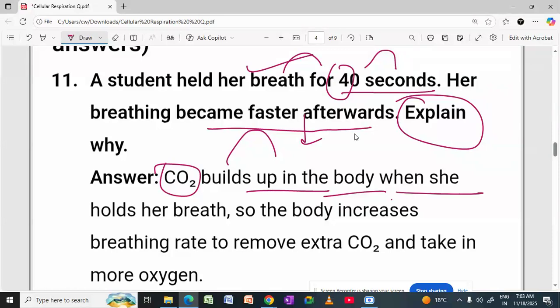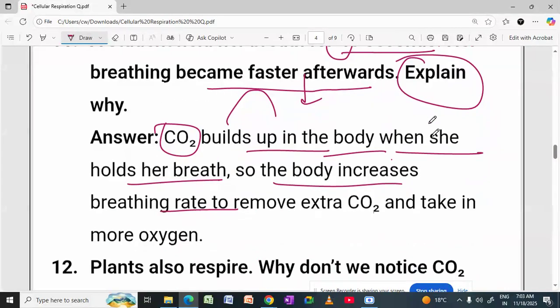So the body increases the breathing rate. This is an adaptation of your body: your breathing rate will increase to remove extra carbon dioxide.